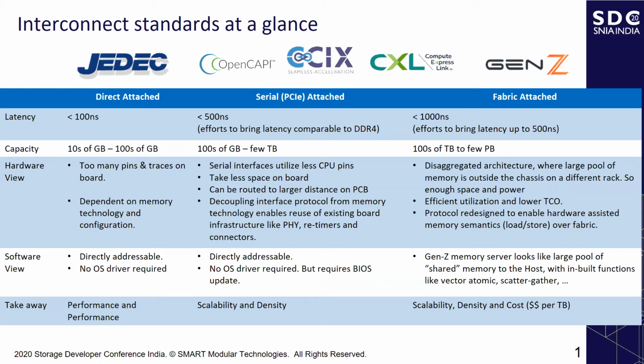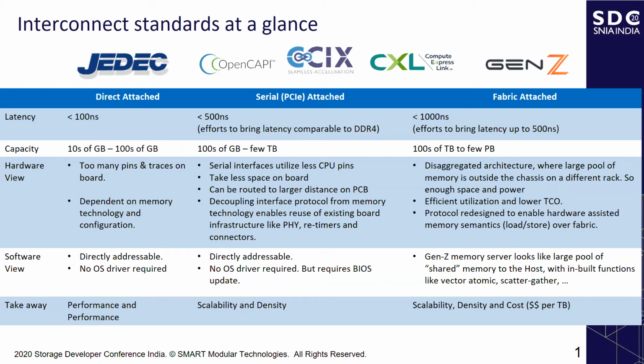And because the fabric attached brings you a disaggregated architecture, where a large pool of memory can be connected to a different rack and shared with different nodes, there is practically no limit of how much memory you can attach to a single system. The efficient utilization not only brings down the TCO from a user's point of view, but it also decouples the CPU architecture from your memory technology.